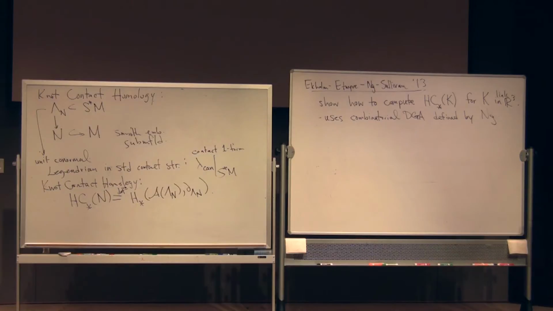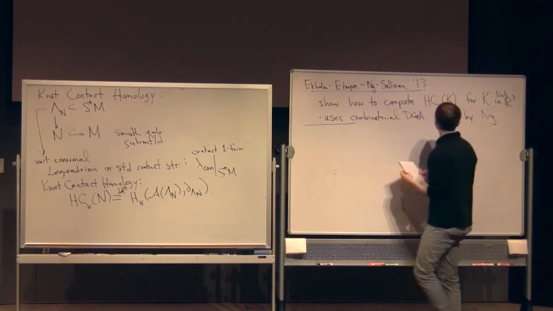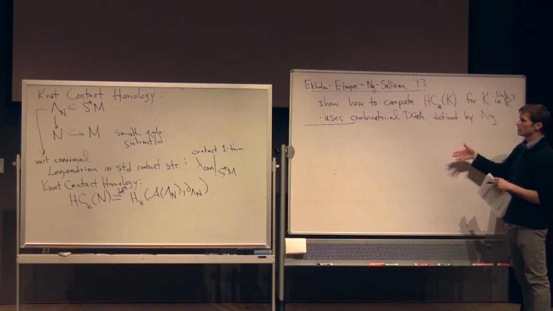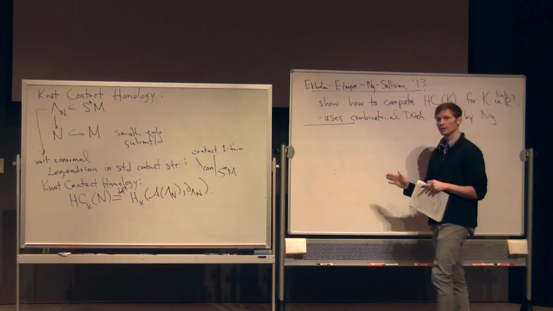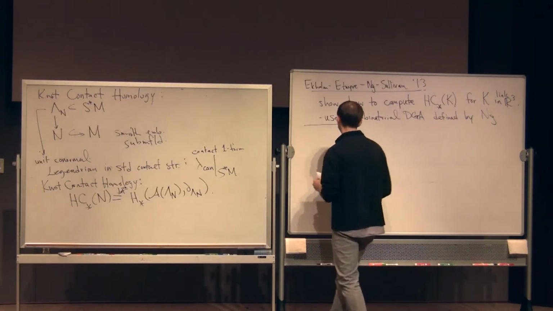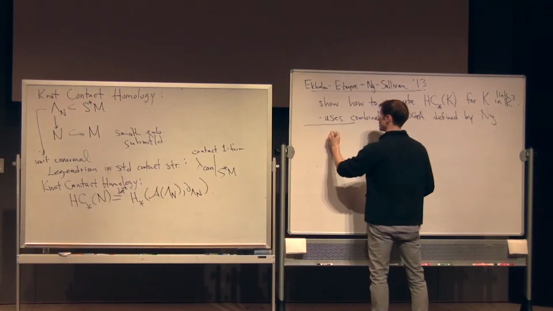And as I mentioned before, you can take an appropriate embedding of the knot so that the DGA is supported in non-negative gradings. That's worth mentioning.